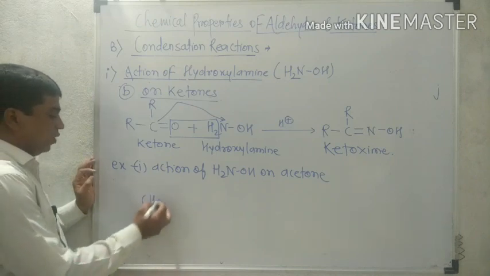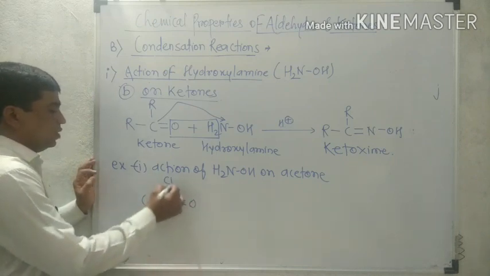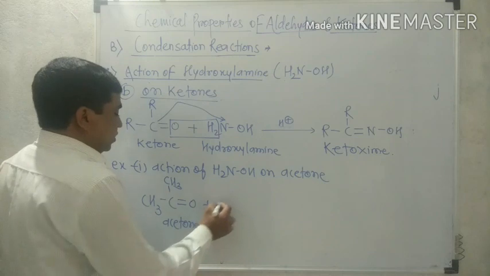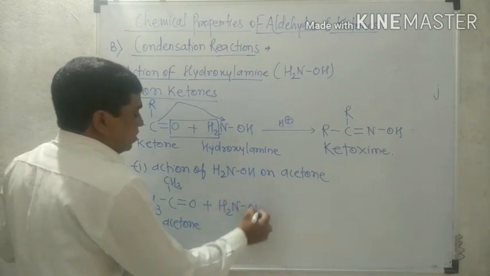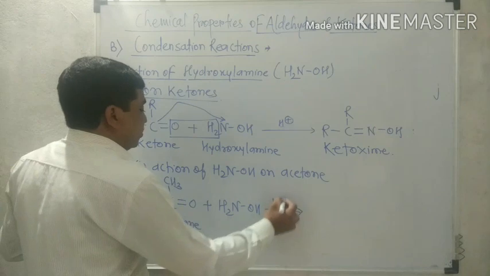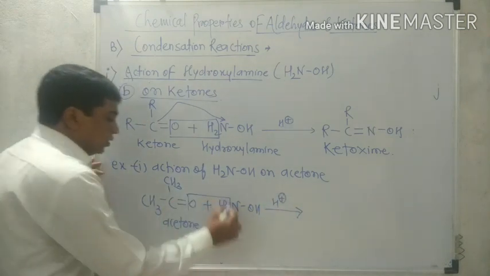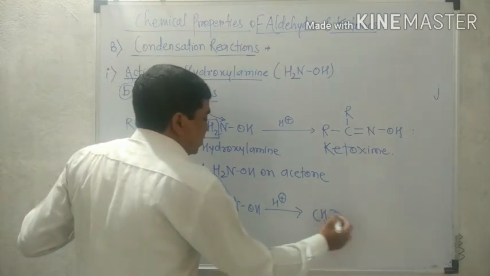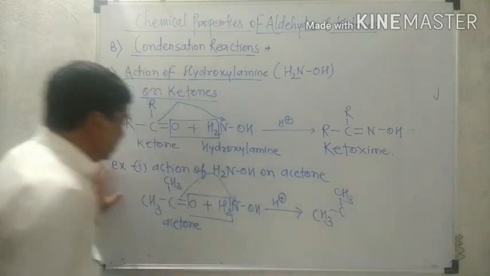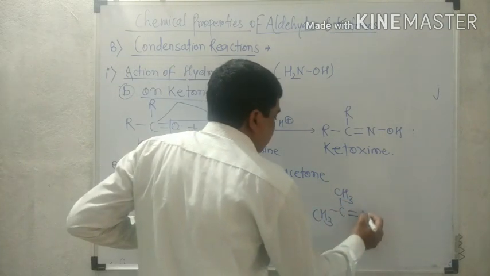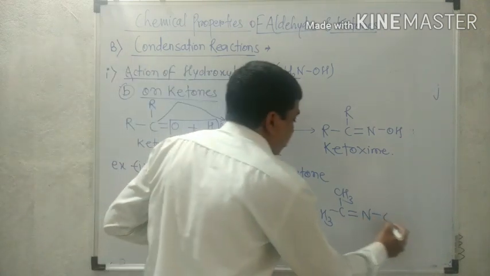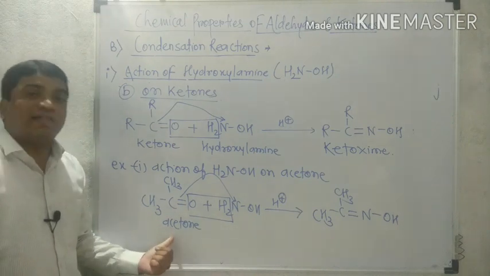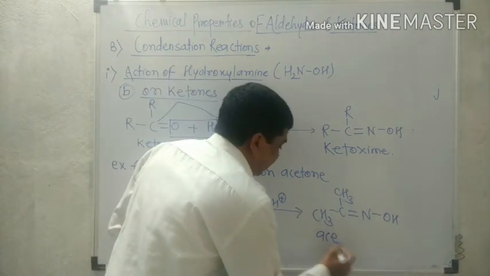Acetone has the formula CH3C(=O)CH3. It reacts with hydroxylamine, similar to the general reaction, in presence of catalytic H+. This is the water, and the double bond is formed with nitrogen. We obtain CH3C(CH3)=N-OH. This ketoxime formed by acetone is called acetoxime.